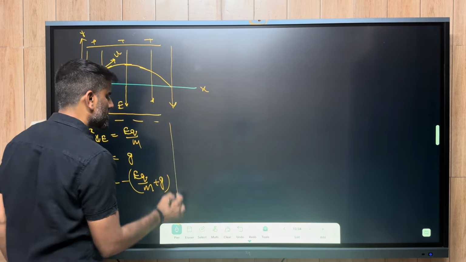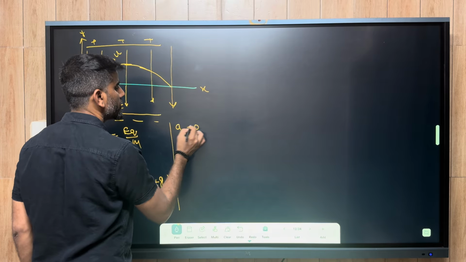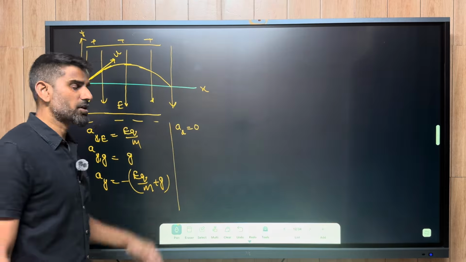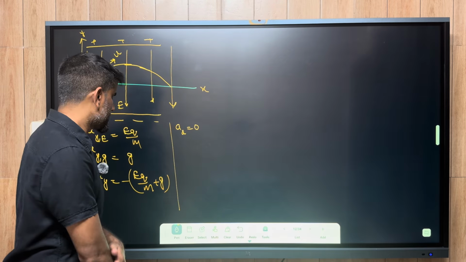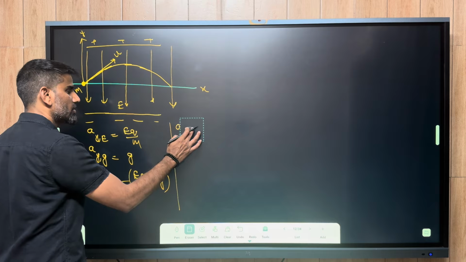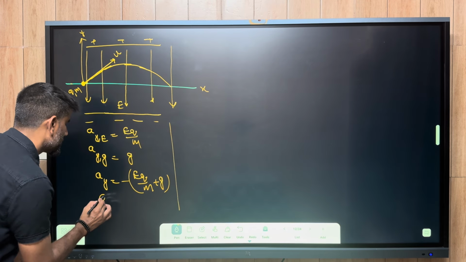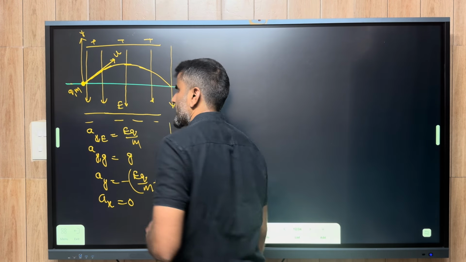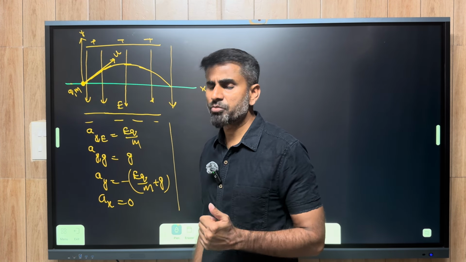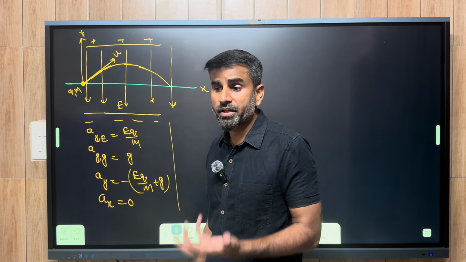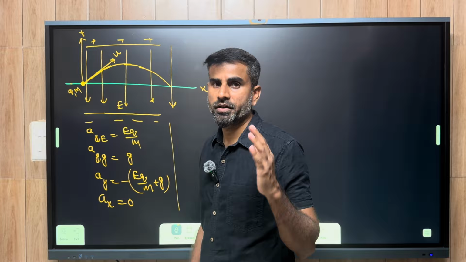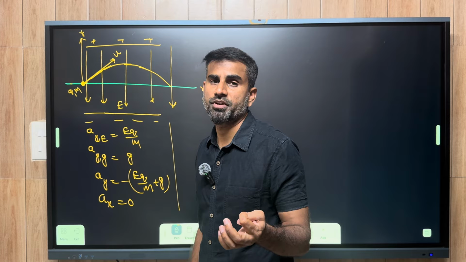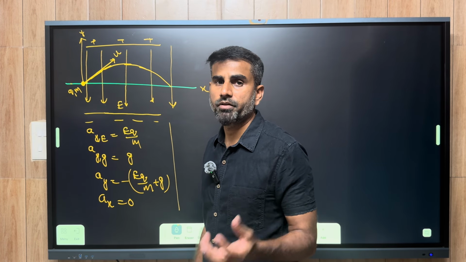Now what about acceleration along the x-axis? As I have already told you, as there is no force along the horizontal direction, the acceleration along the x-axis is 0. Now let's make use of kinematic equations, or directly I'm going to write the equations, as I have already derived the formulas for the range, maximum height, time of flight, time of ascent, time of descent in kinematics.